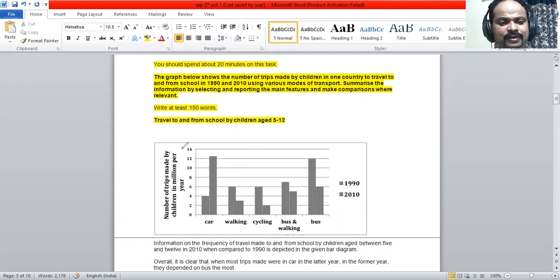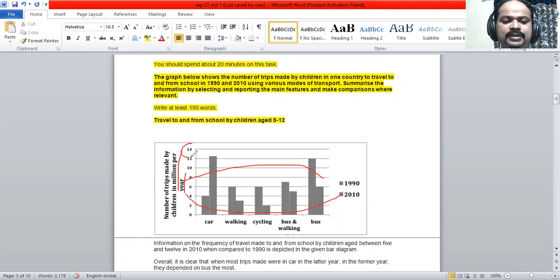So we have number comparisons here, years compared to the number of trips. And here we do have to see one more thing. Here we have trips made by children in million per year. So per year in the sense it is 1990 and 2010.